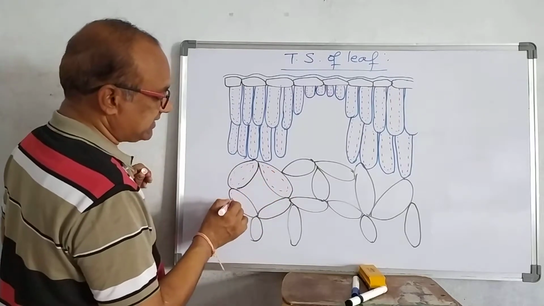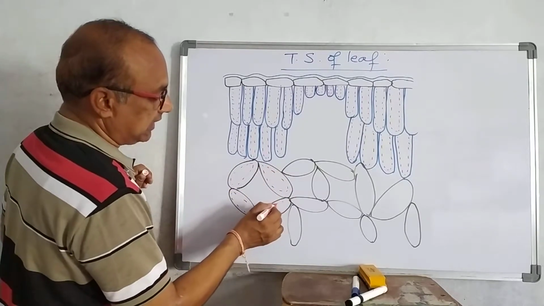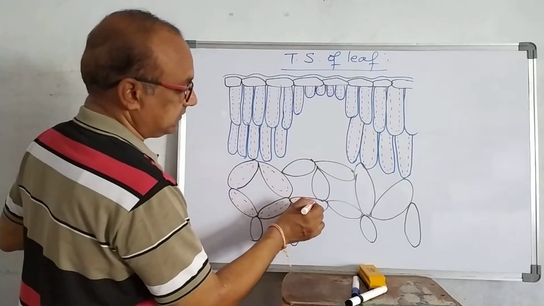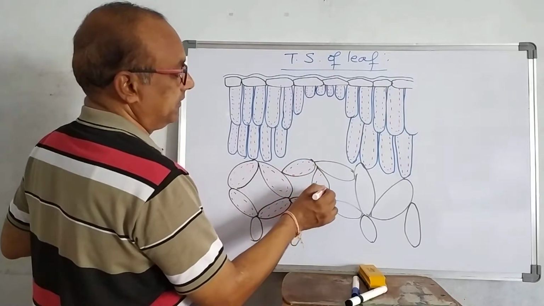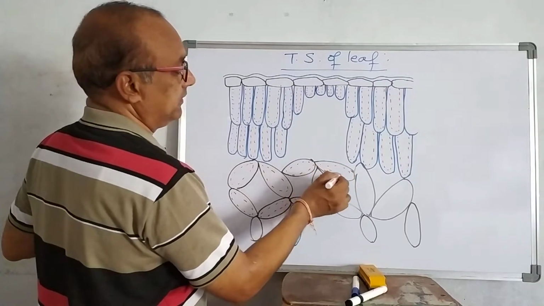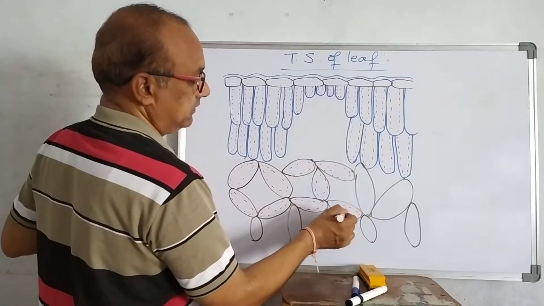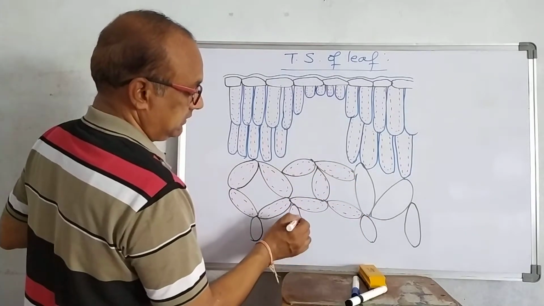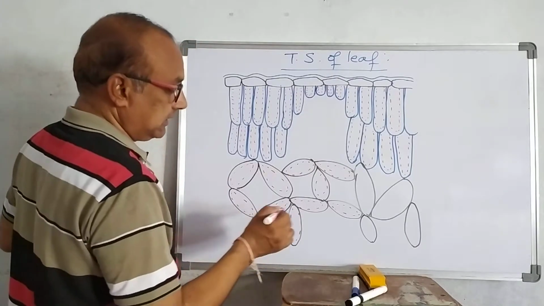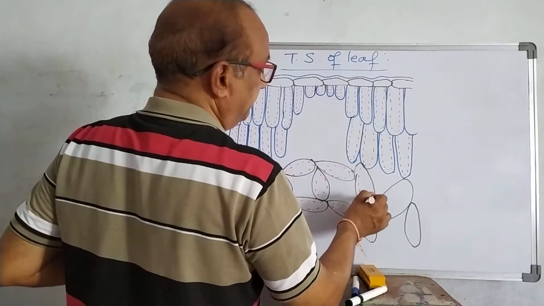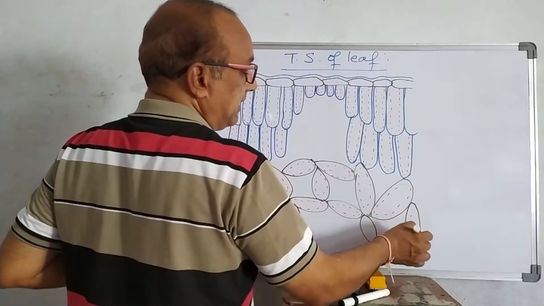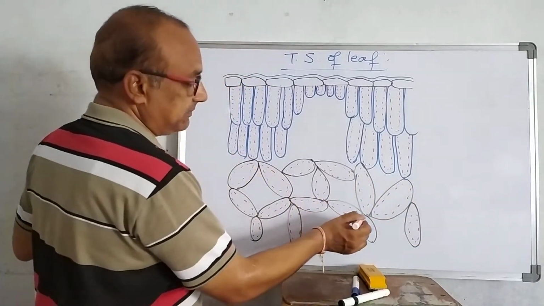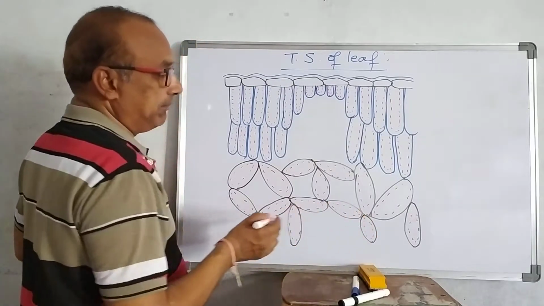These red colored dots indicate the chloroplasts. You see the number of chloroplasts in the spongy parenchyma and palisade parenchyma varies.